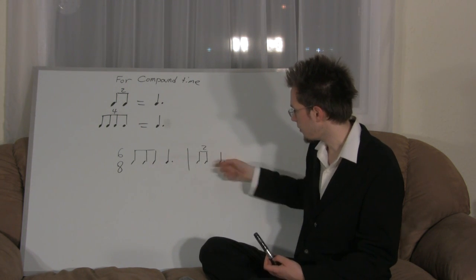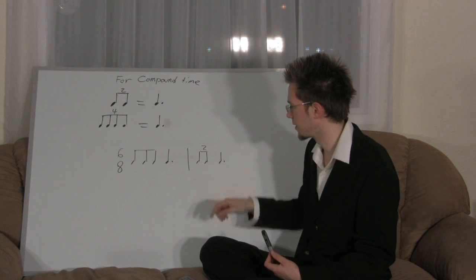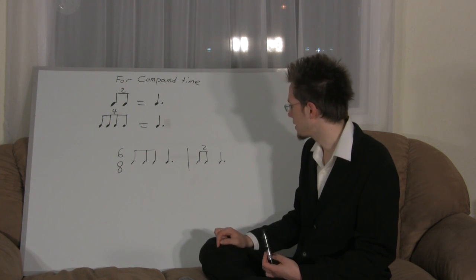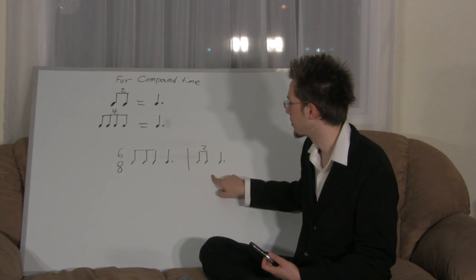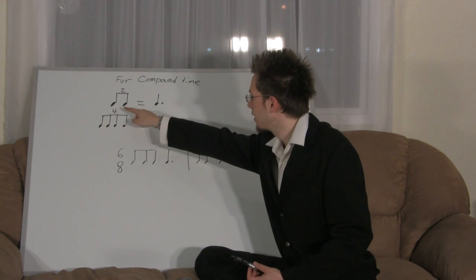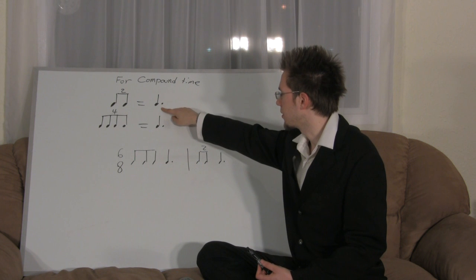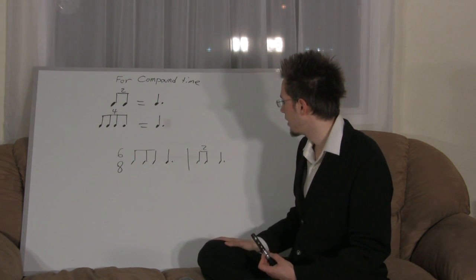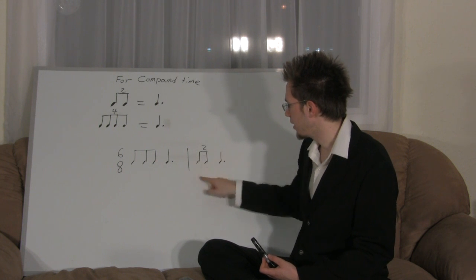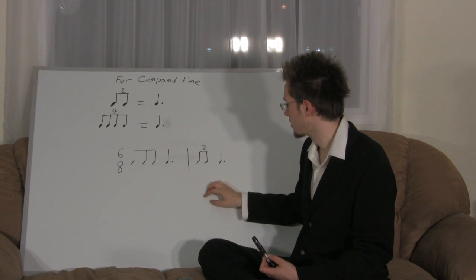Here, I have the duplet coming in. Now, what you'll notice is that they take up the same slot in time. Because look, here, a duplet counts as one of these, a dotted quarter note, okay? Right here, it's taking up that space.